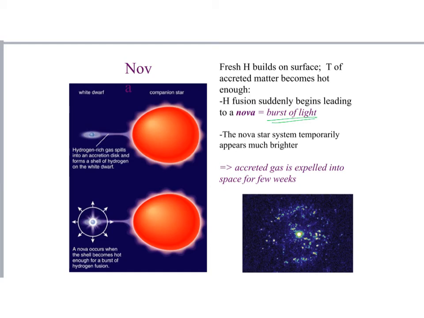So hydrogen is falling onto that white dwarf, into this accretion disk, and because it's very hot, it becomes hotter and hotter with more and more hydrogen falling onto it, and that is going to start that hydrogen fusing into helium.